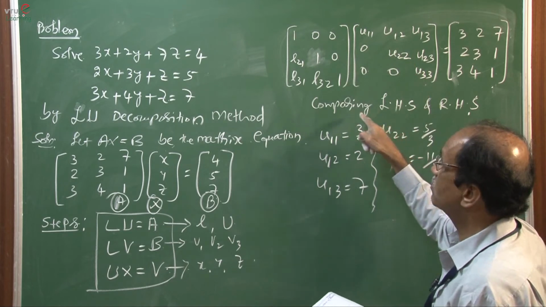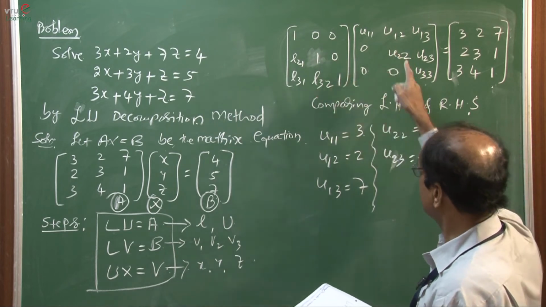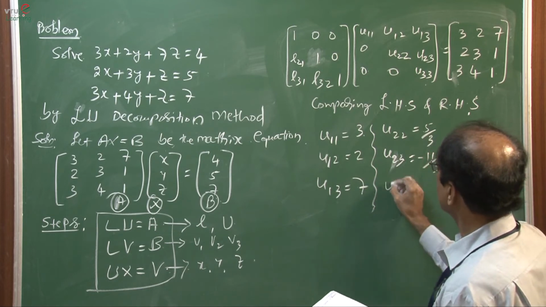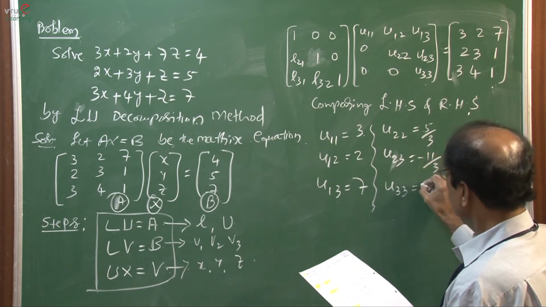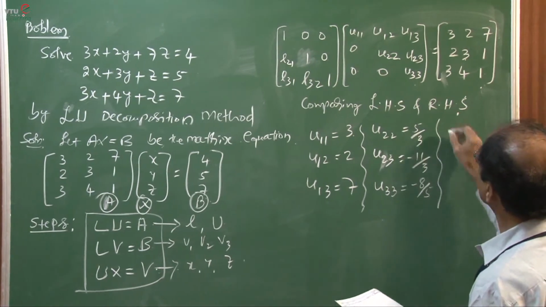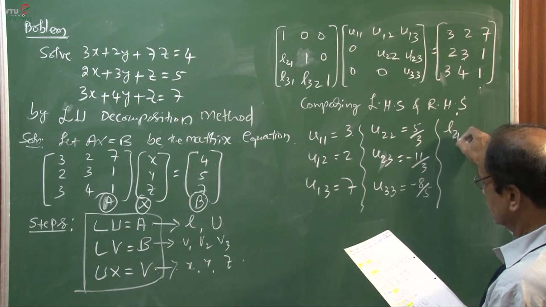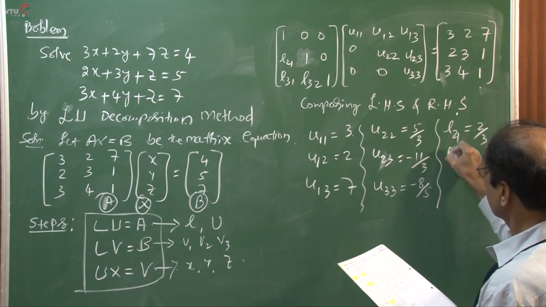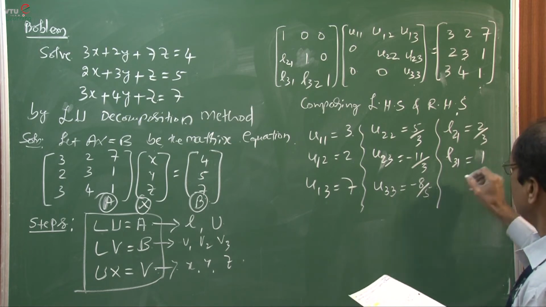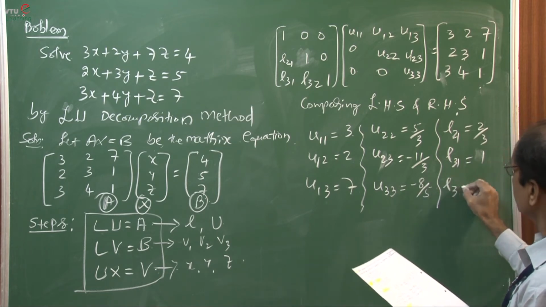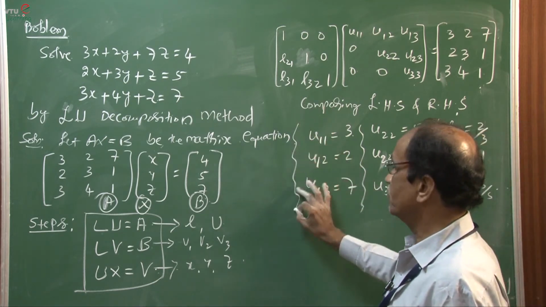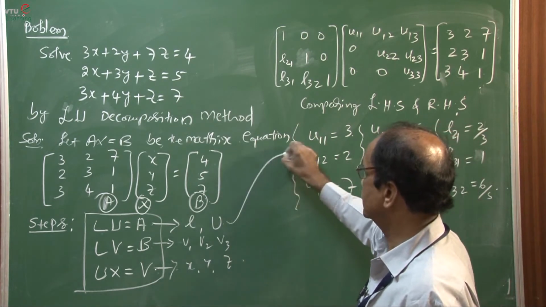After comparing that, as I did in the previous problem, you can now verify this. U33 is equal to minus 8 by 5 and L21 is equal to 2 by 3 and L31 is equal to 1 and L32 is equal to 6 by 5. After obtaining these values, this is for the first step.